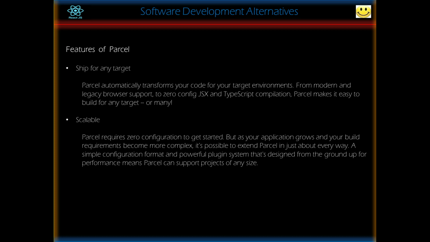Ship for any target. Parcel automatically transforms your code for your target environments. From modern and legacy browser support to zero configuration, JSX and TypeScript compilation. Parcel makes it easy to build for any target or many.